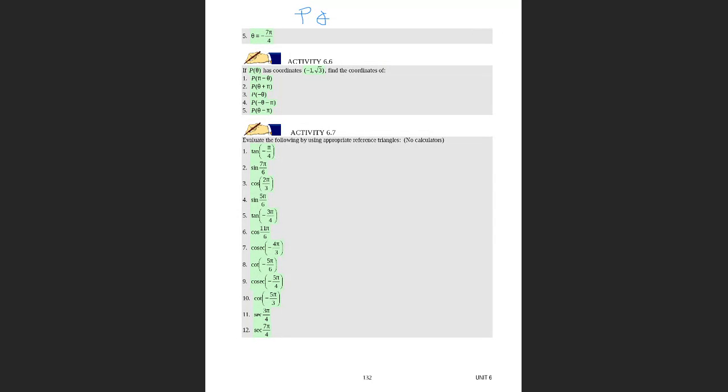Then this P theta has got a coordinate negative 1 and root 3. So if the x is negative and the y is positive, then here is going to be -1, and here is going to be √3.